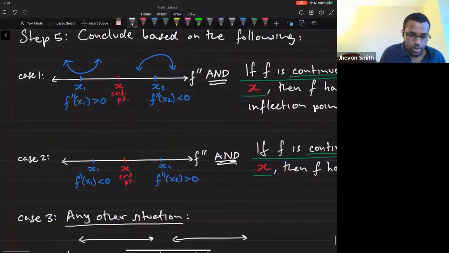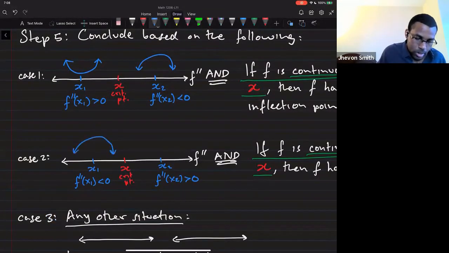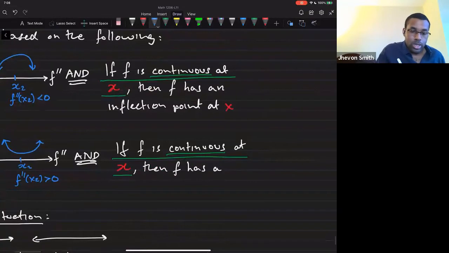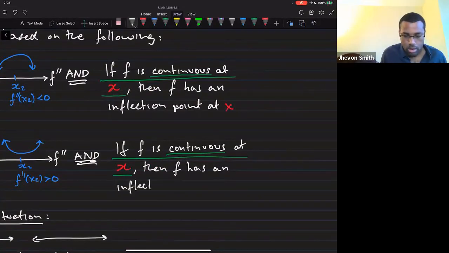In the second situation, your second derivative is negative. That means you're concave down like a frown. Second derivative is positive, means you're concave up like a cup. And if your function is continuous there, then f has an inflection point at x.